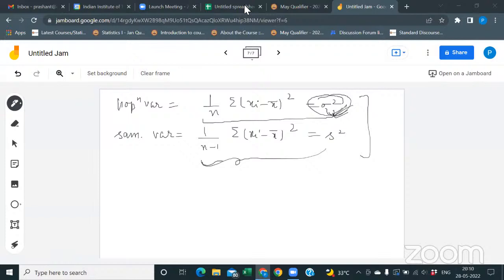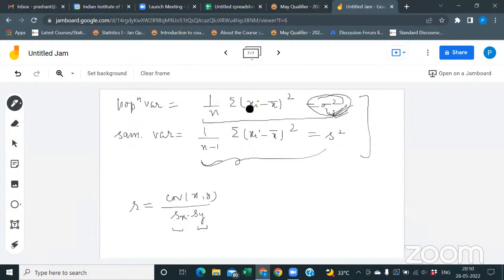Sir, in Pearson correlation? The Pearson correlation coefficient is the covariance of x comma y divided by standard deviation of x into standard deviation of y. This is something in which you can use both.